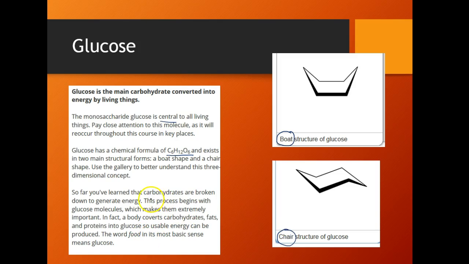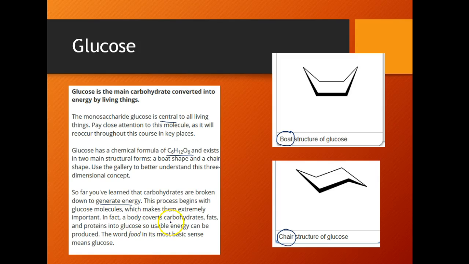So far we've learned that carbohydrates are broken down to generate energy. Organisms will eat, and then the carbohydrates will be broken down, usually into glucose, and we use that glucose to make energy.